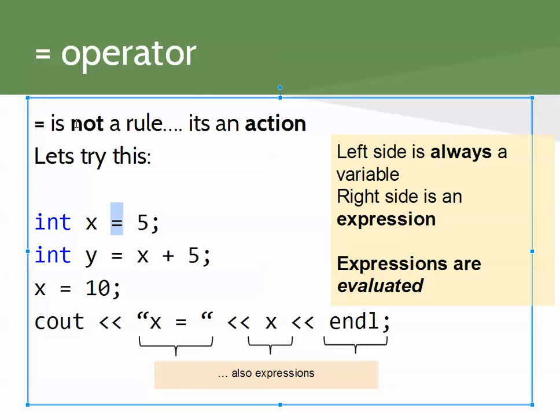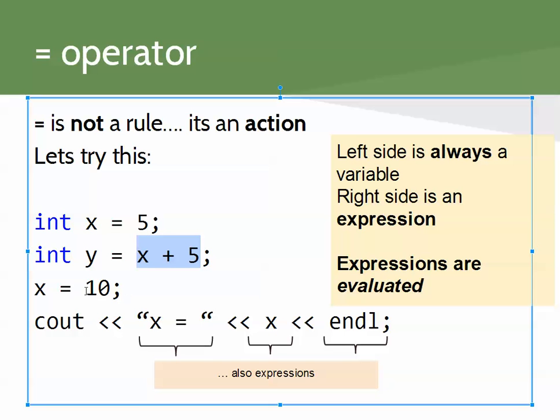It does not set up a constraint or a relationship between variables. It's a literal action. It takes whatever value is on the right-hand side of the assignment operator and stores it into a variable. If there's a variable on the right-hand side, as in int y equals x plus 5, y will be assigned the value that x plus 5 is at that particular moment in time.